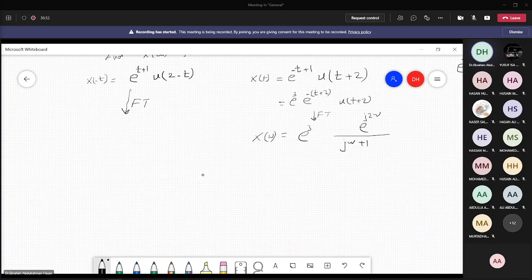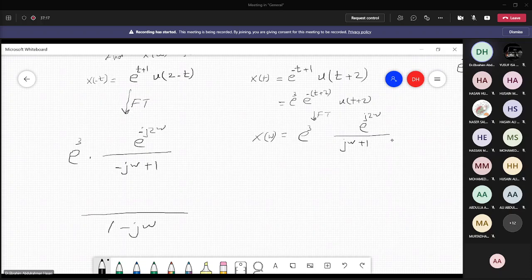So the Fourier transform for this one is equal to e to the power of 3 over minus j omega plus 1, and here e to the power of minus j2 omega. So you can combine these together: it is 1 minus j omega, and here 3 minus j2 omega. And this is the solution.